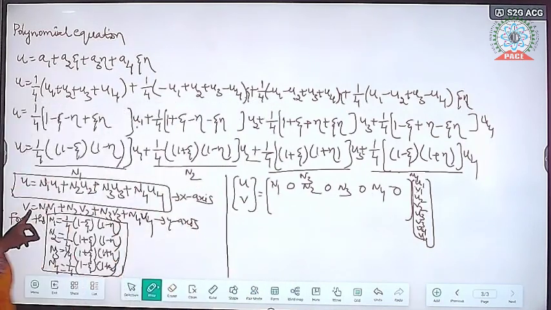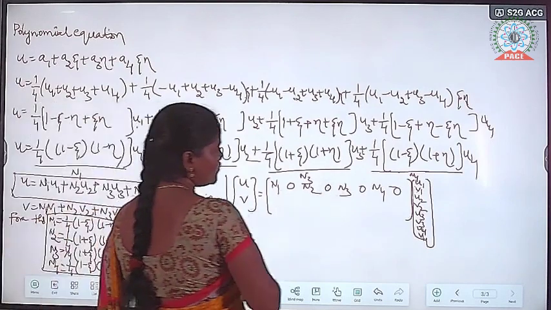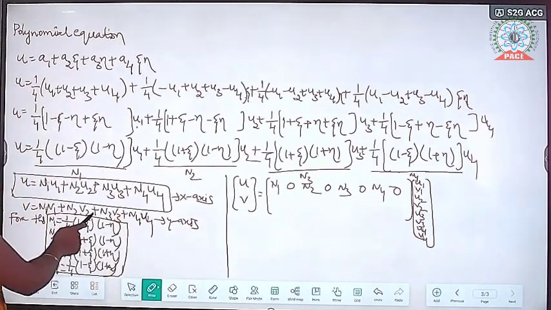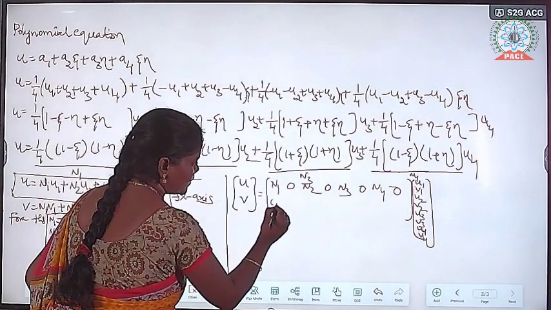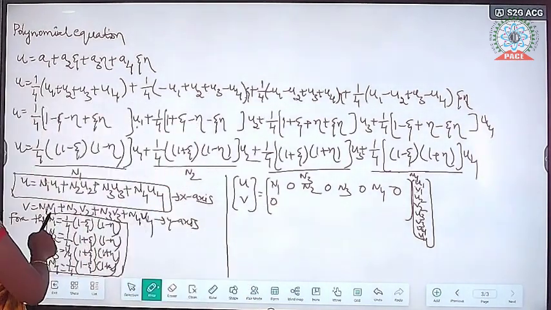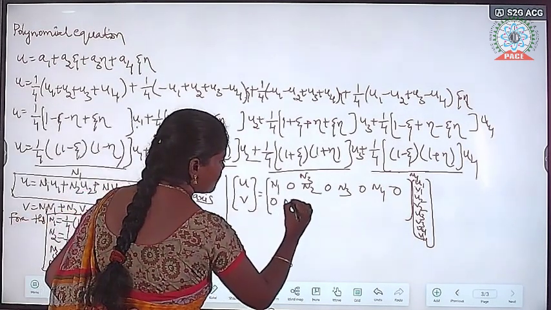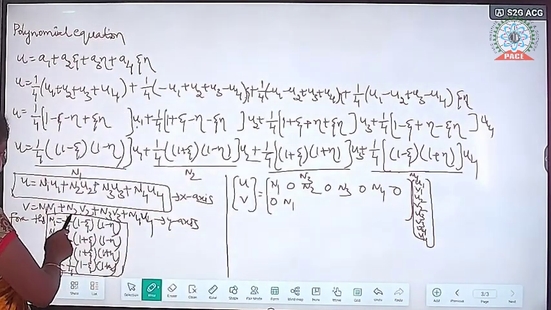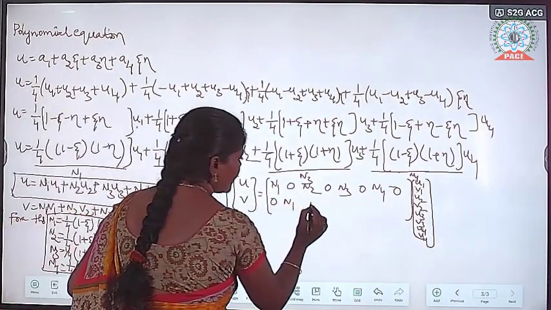Again the displacement along the y-axis: N1 V1. Here U1 is not there in this y-axis term, so we take it as 0. Next N1 V1 means here we take N1. Next the U2 term is not there in the y-axis term, so we take it as 0.